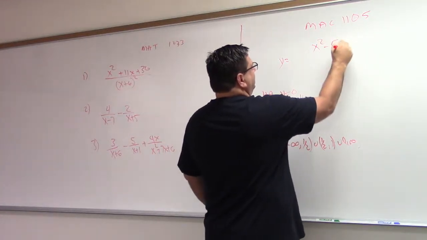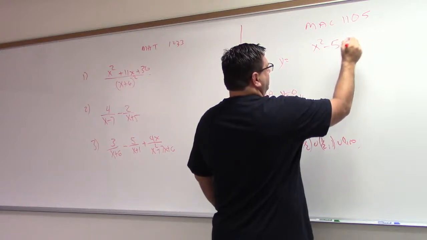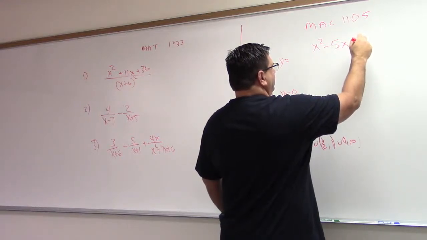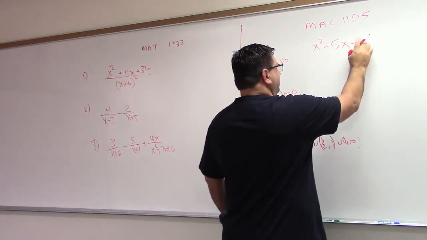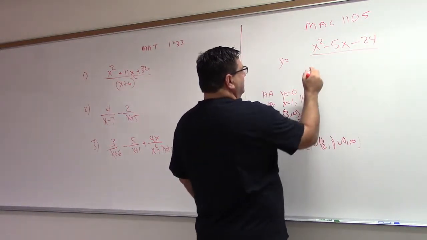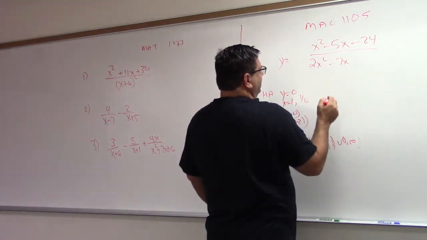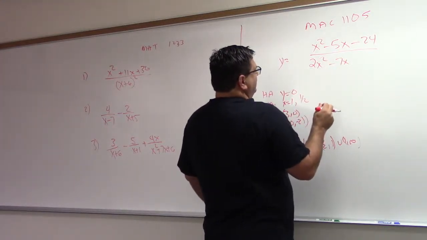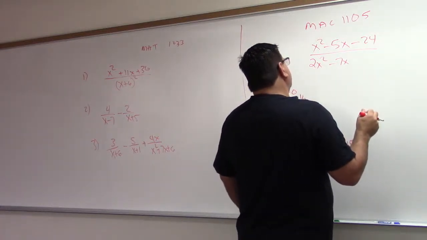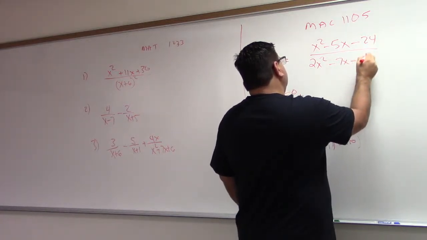So we'll go x squared minus 5x minus 24 over 2x squared minus 7x minus 15.